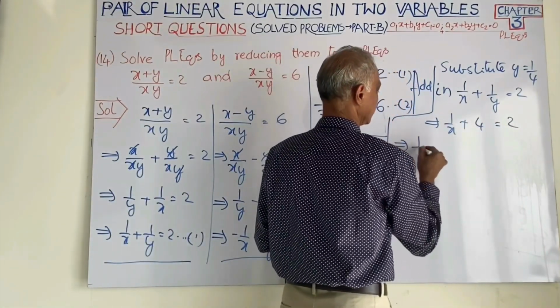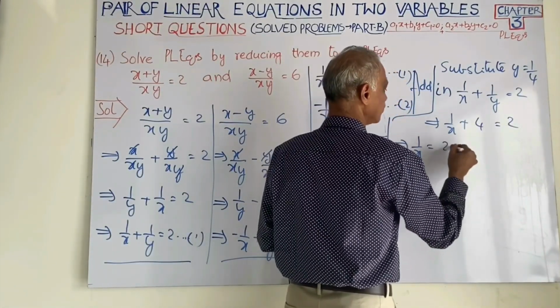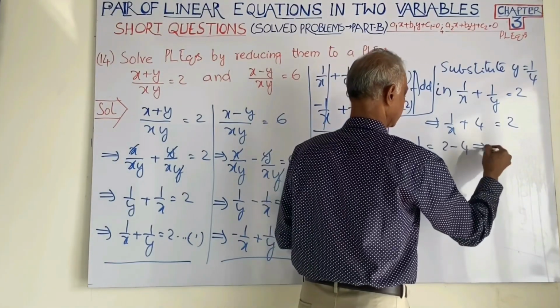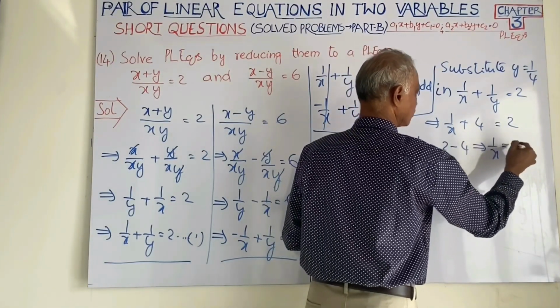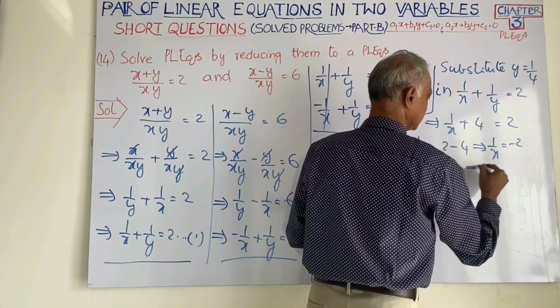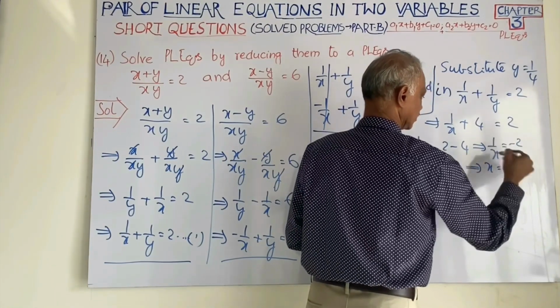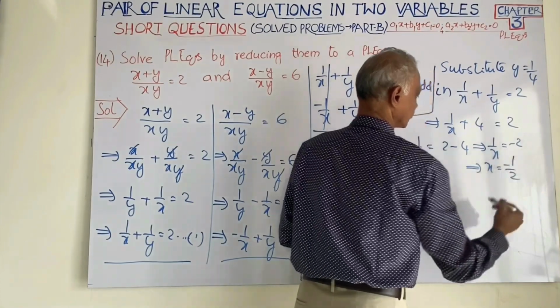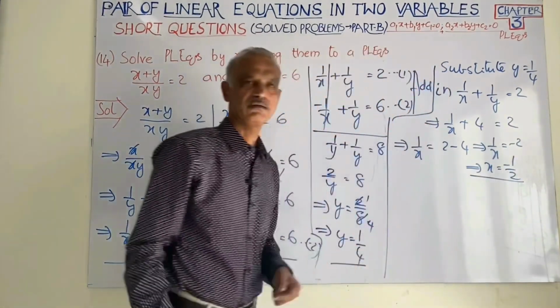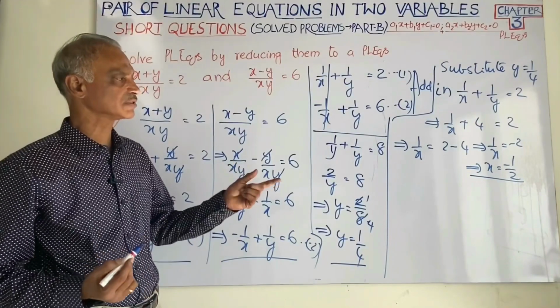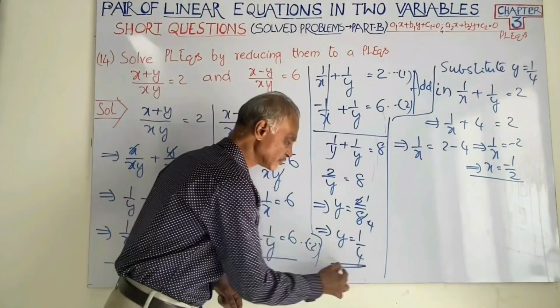You will get 1 by x is equal to 2 minus 4. You will get 1 by x is equal to minus 2, and you will have x is equal to minus 1 by 2. You got x is equal to minus 1 by 2 and y is equal to 1 by 4.